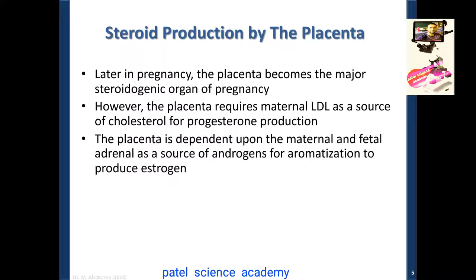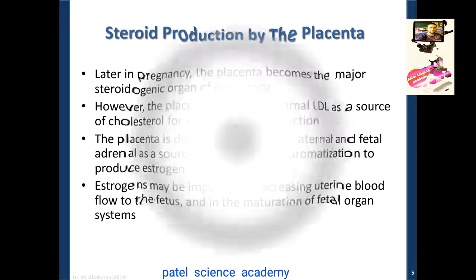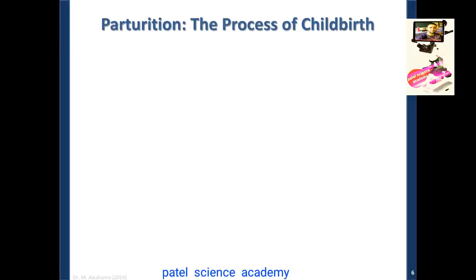The placenta is dependent upon the maternal and fetal adrenal glands as a source of androgen hormones for aromatization to produce estrogen. Estrogen may be important in increasing uterine blood flow to the fetus and in the maturation of the fetal organ systems. This is about estrogen.